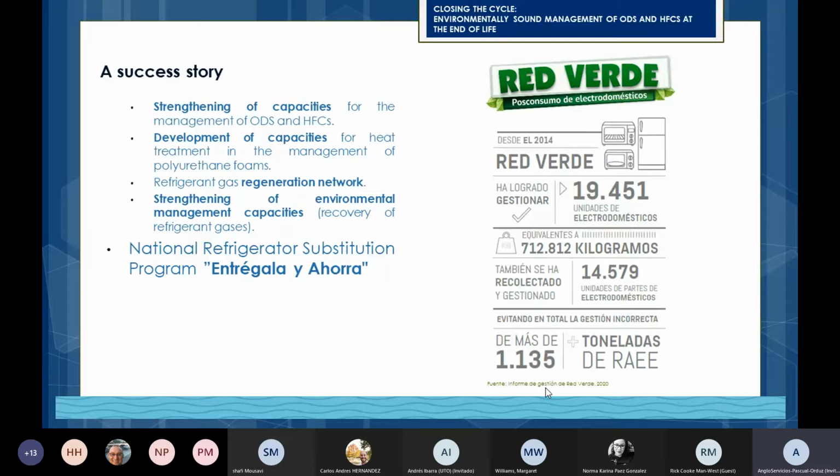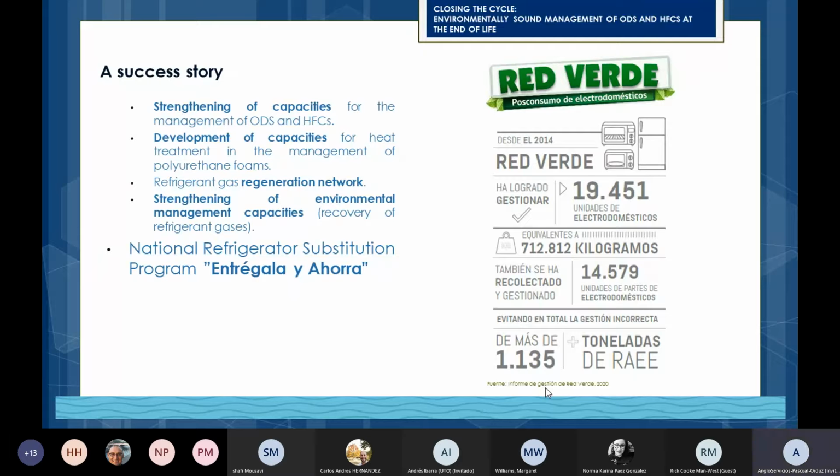And we have also managed over 14,000 parts that may be reassessed. So we have avoided the improper management of over 1,135 devices.